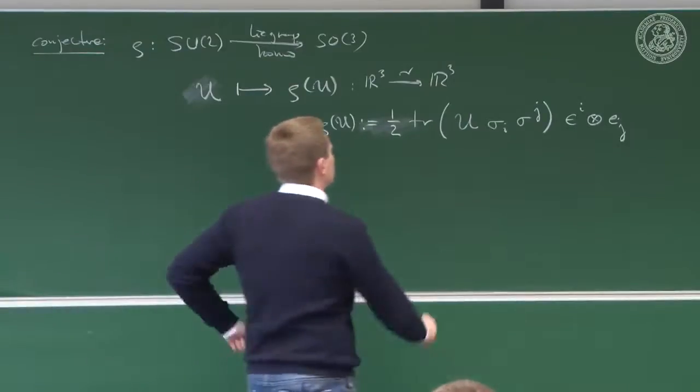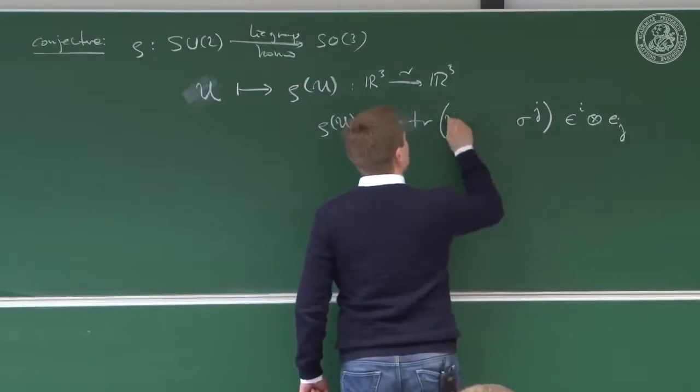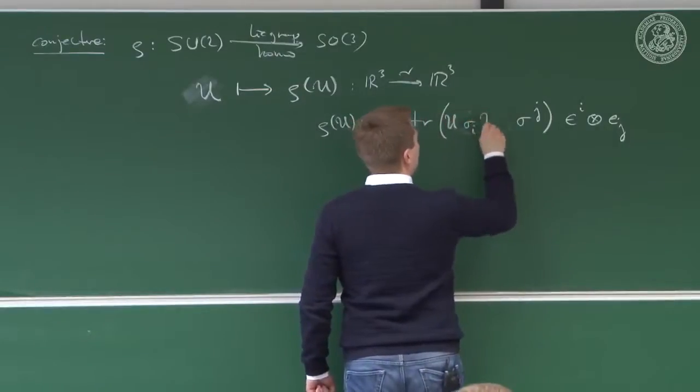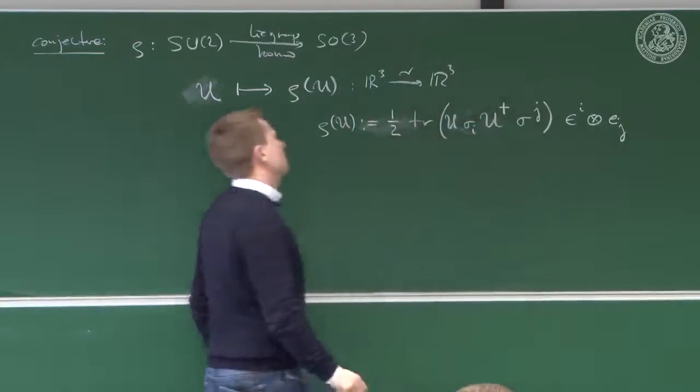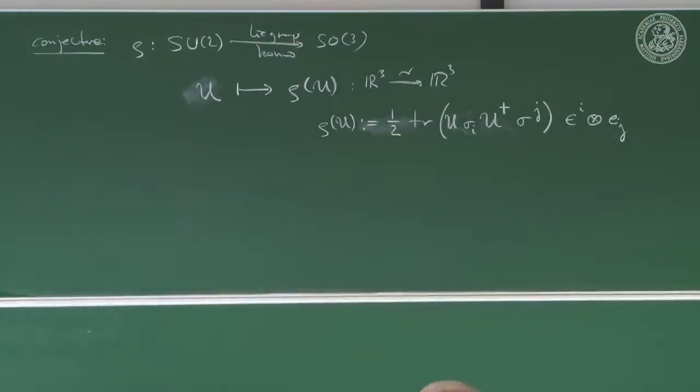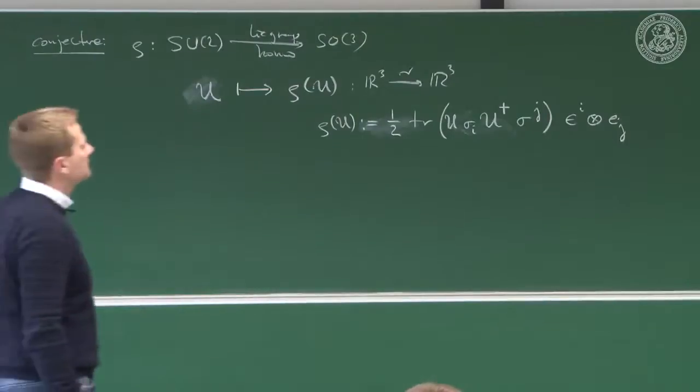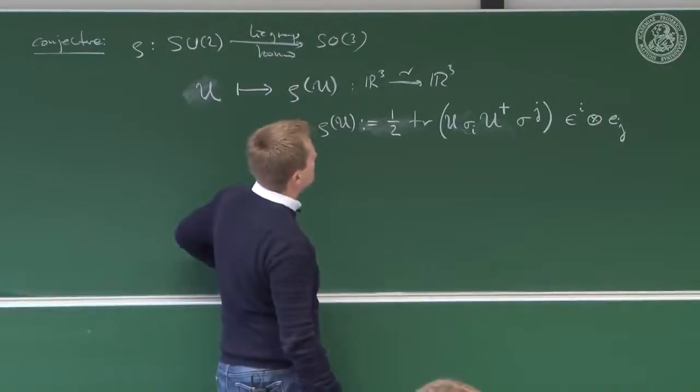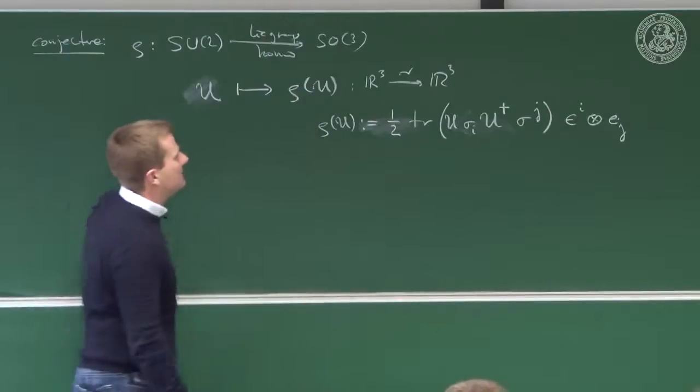Yeah, it's not linear. That's the trick. It's U, sigma I, U dagger, sigma up J. Yeah, can't be linear. Yeah, that's my definition. That's how I define this map.